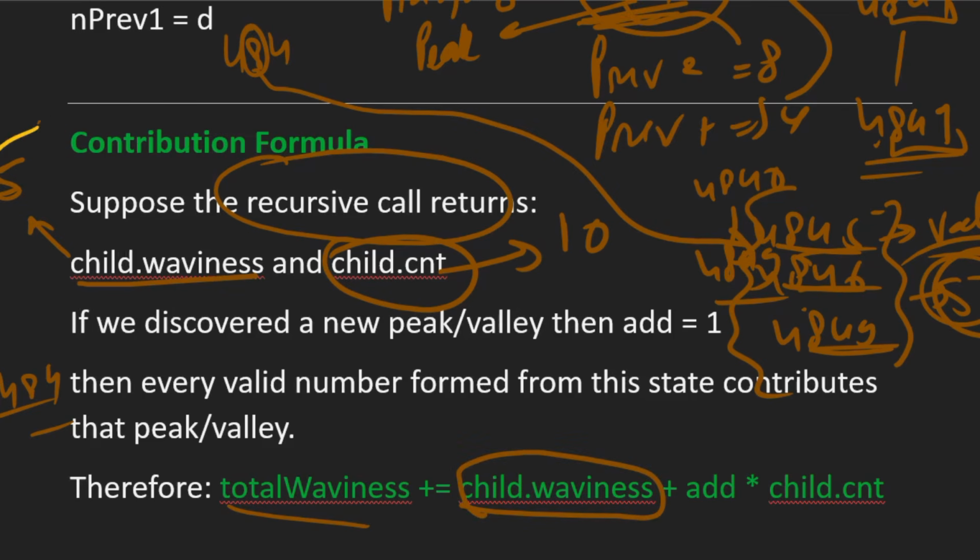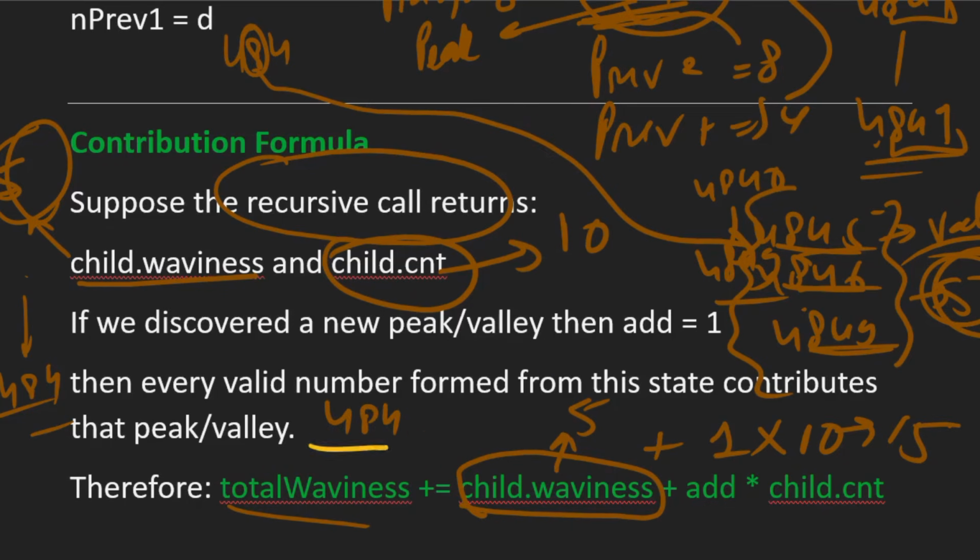So in the childs we have waveness as 5, plus add value equal to 1, because we get a peak at 8. So add value is 1 and child count is 10. So total waveness in the state of 484 will be 15. That is 5 plus 1 into 10, 15, right?